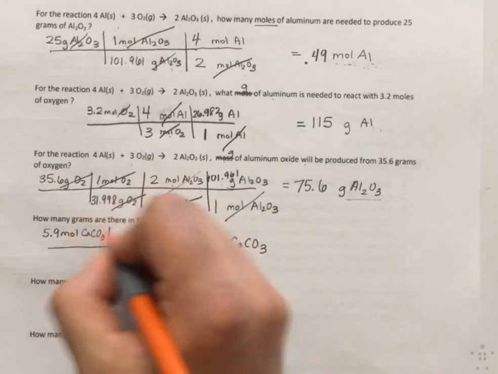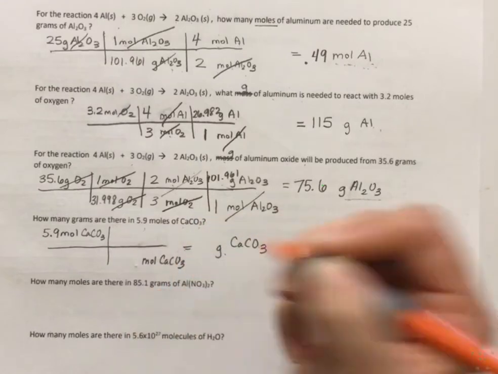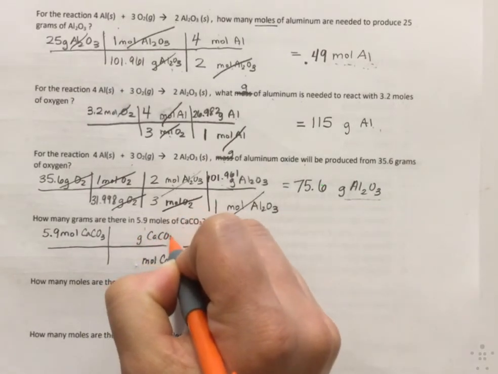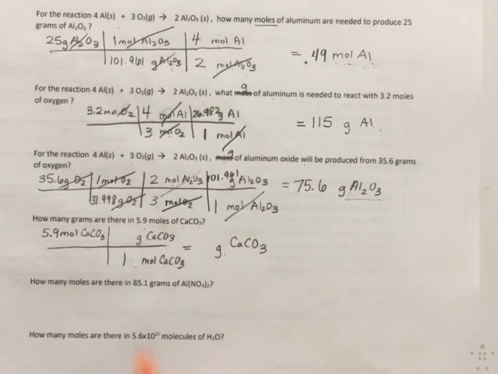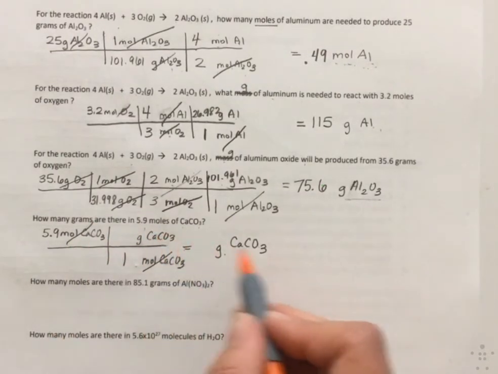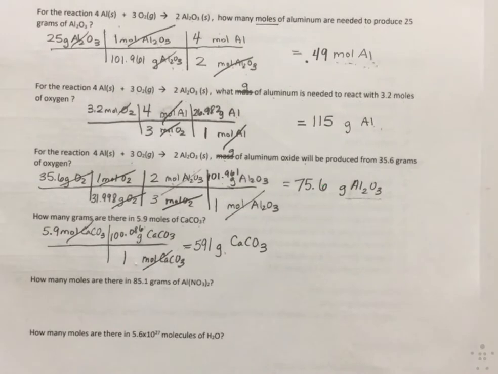I just need to take my label, drop it down, and change it to grams. For every 1 mole, I can calculate the molar mass. These will cancel. It'll give me the right label, and I can solve. So that takes care of that.